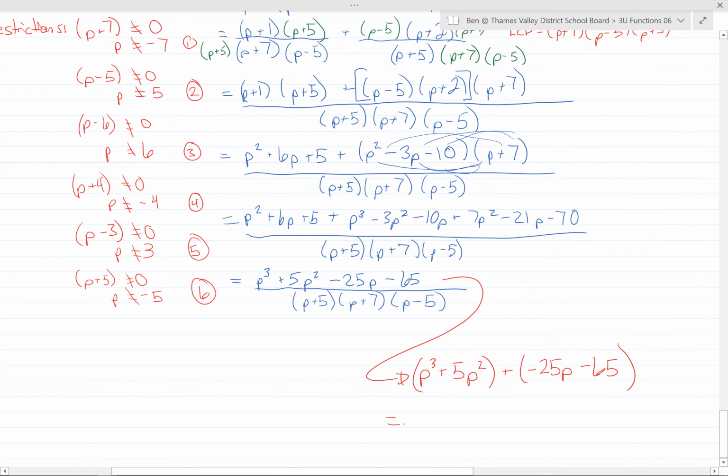Perfect. So my common factor out of the first two would be p squared, leaving me with p plus 5. And the second pair, let's see here, I can take out 5. I'll take out negative 5. So negative 5 as a factor, 5p minus 13.